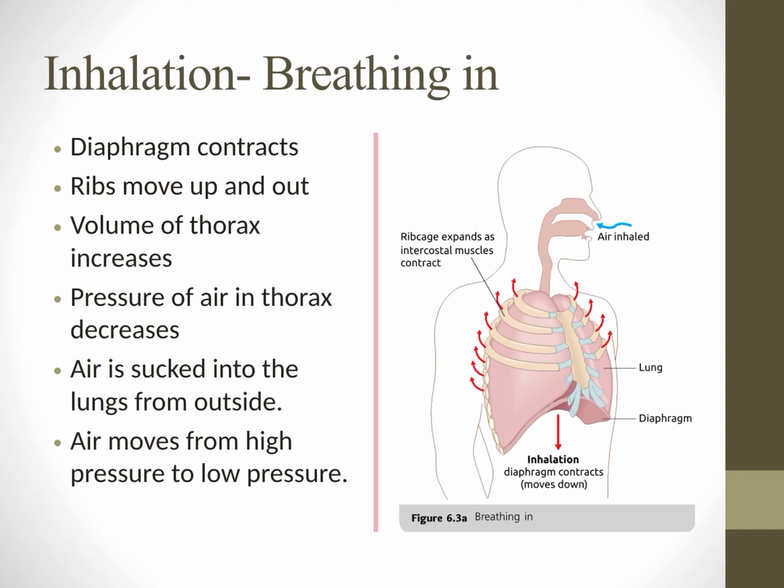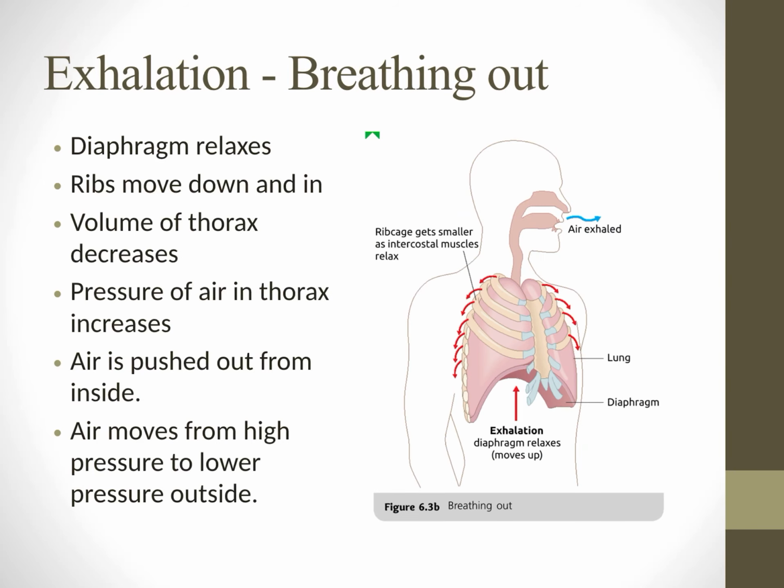You're not conscious of it, I know, but your diaphragm's moving down. The volume in your thorax is getting greater, more space. So the air particles can move around in a greater space now, so they have less pressure, and air moves in from outside where there's higher pressure to inside your lungs where there's lower pressure.